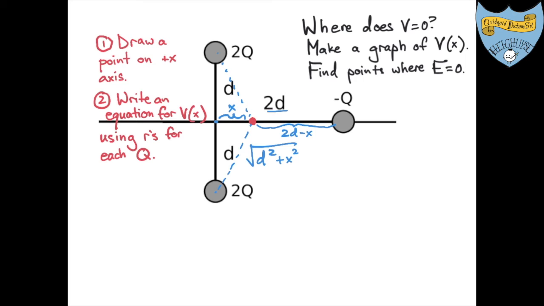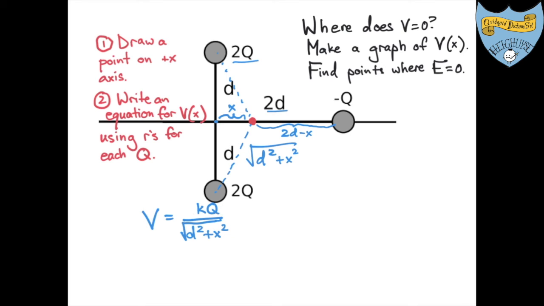All right, and now I just need to put that into an equation for electric potential. Each of the two kq's is going to give that for the electric potential. Right? Each one is a 2q, so that's why I've got this 2 up here in the numerator. And the distance that each one is away, we said, was the square root of d squared plus x squared. So thus, that's the denominator.